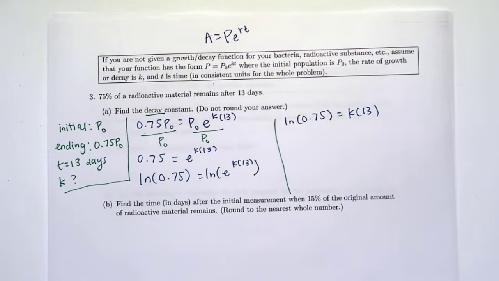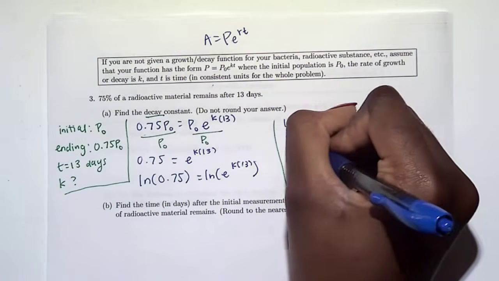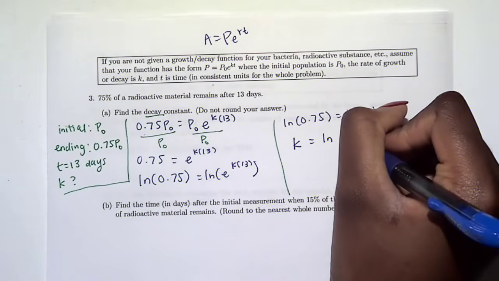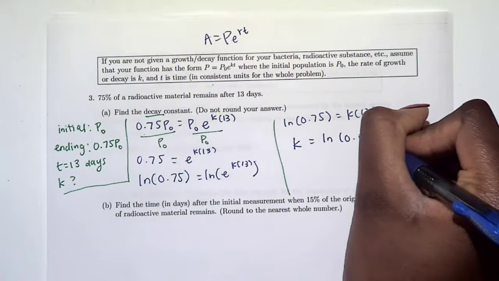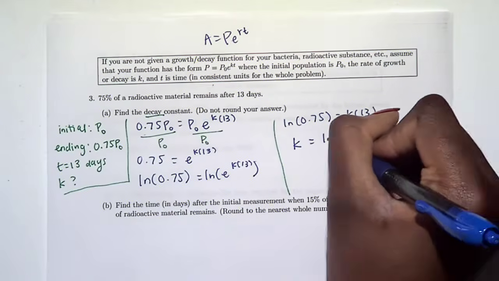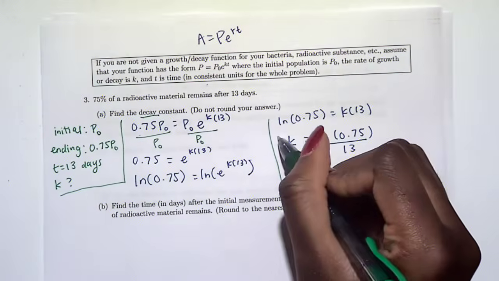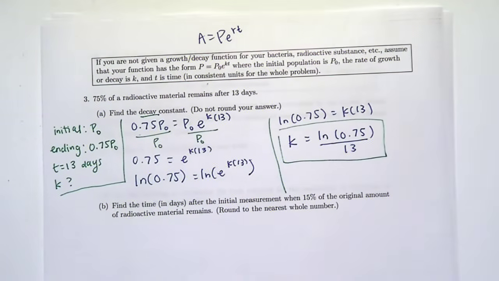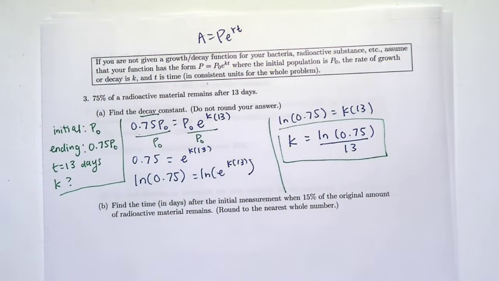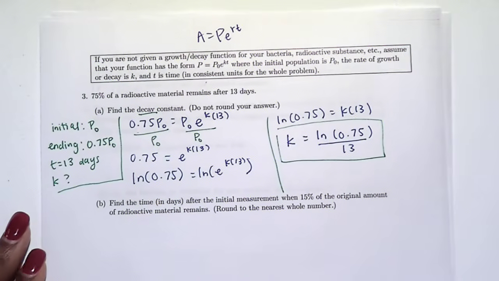And now we just divide by 13. All right, and so this is our decay constant. And so notice it says do not round your answer. That's because we're going to use it in part B, and if we round now, our part B will not be accurate.